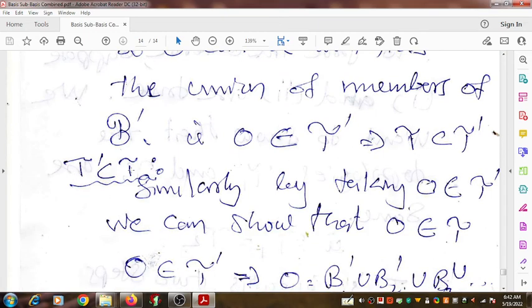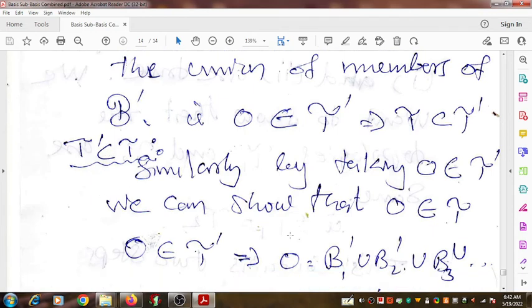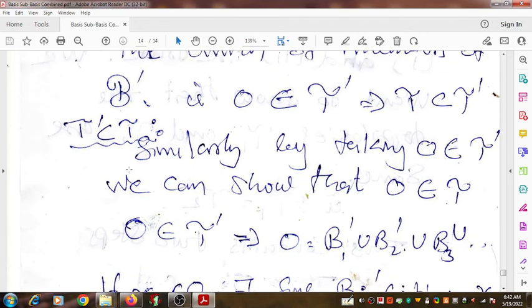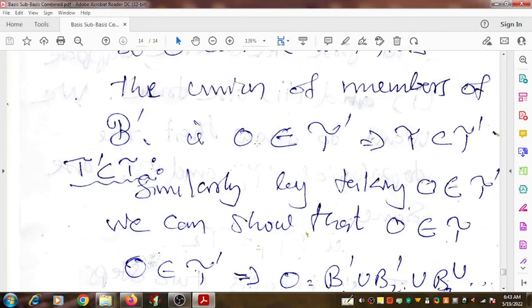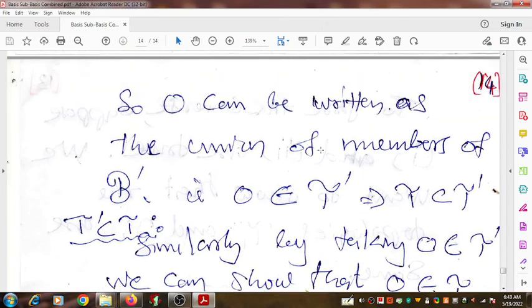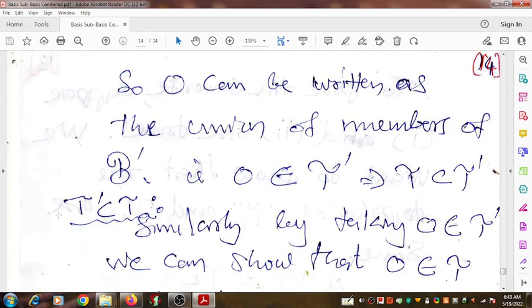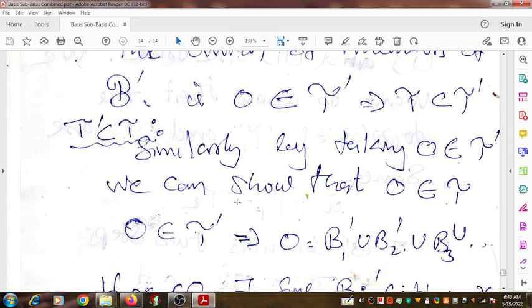Now to prove that tau prime is a subset of tau, it's very similar. So we will very quickly go through the steps. Those who have faced difficulty following the previous part, that tau is a subset of tau prime, can understand it by carefully reading the proof in the second part, tau prime is a subset of tau.